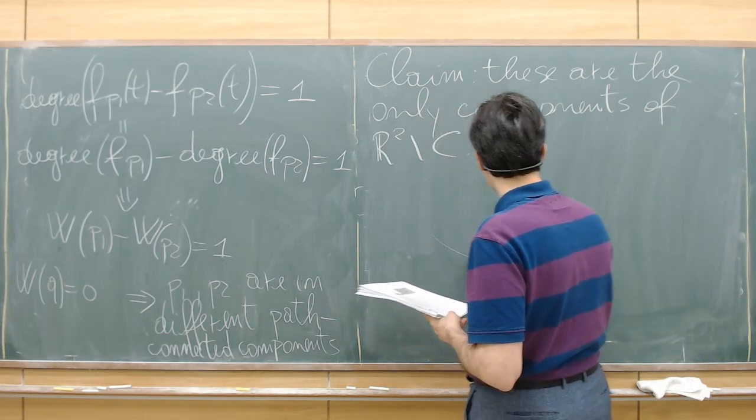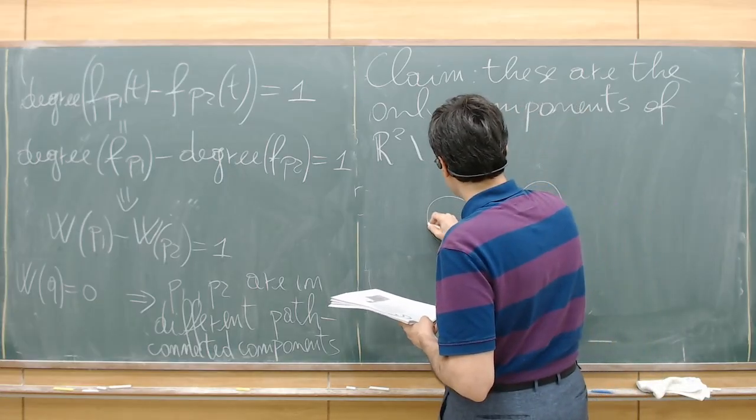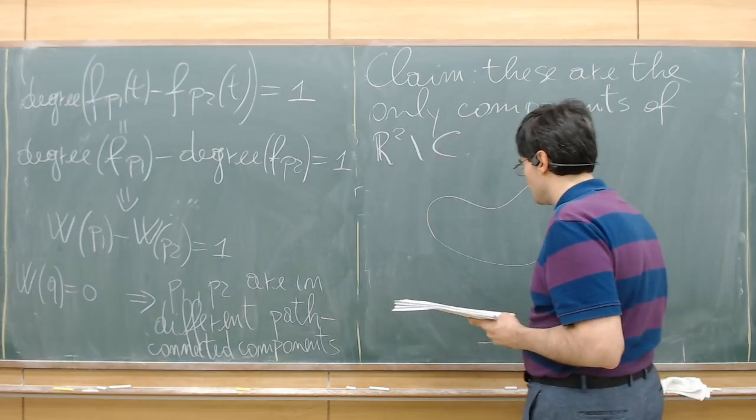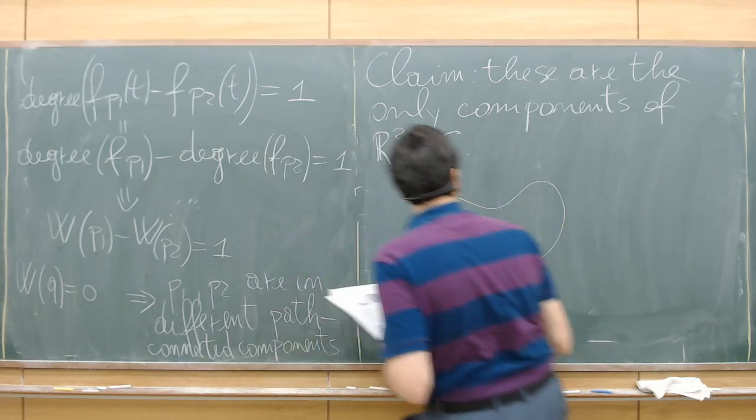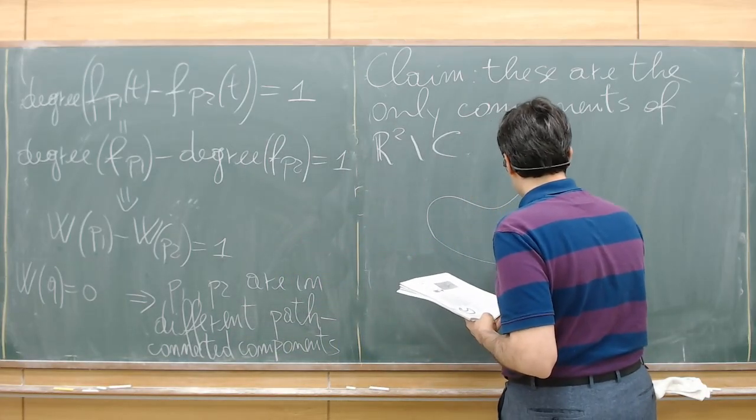So suppose again that this is a trace of gamma, and suppose that this is the tubular neighborhood.